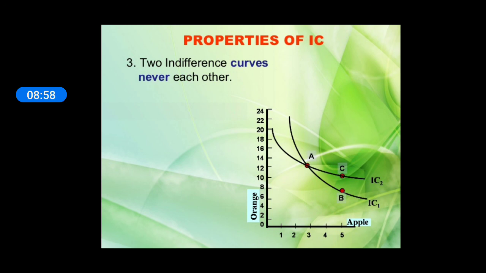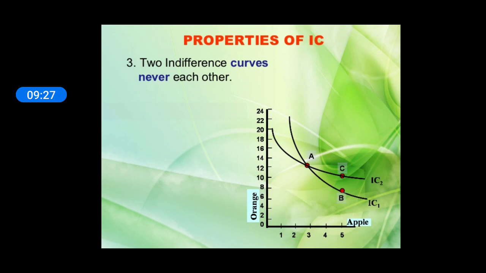We can understand the concept with the help of this diagram. Like, there are two indifference curves, IC1 and IC2. On IC1, there are 2 points, A point and B point. So satisfaction from A point is equal to satisfaction from B point. And on IC2, there are also 2 points. It means satisfaction from A point is equal to satisfaction from C point.